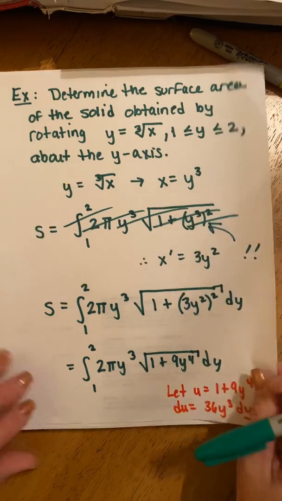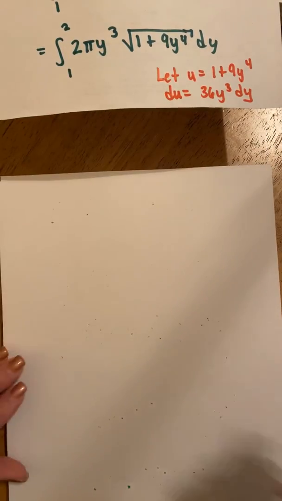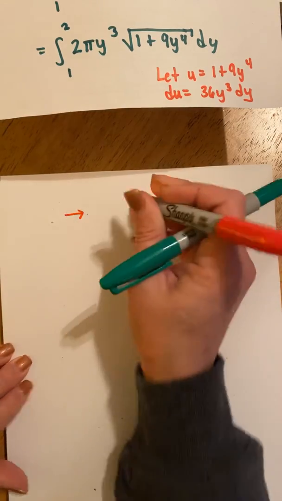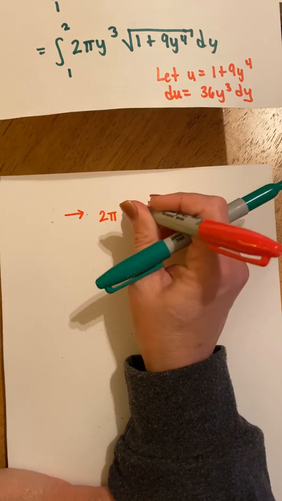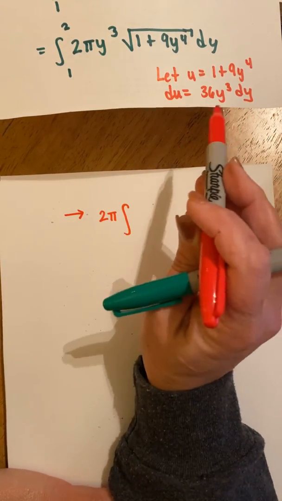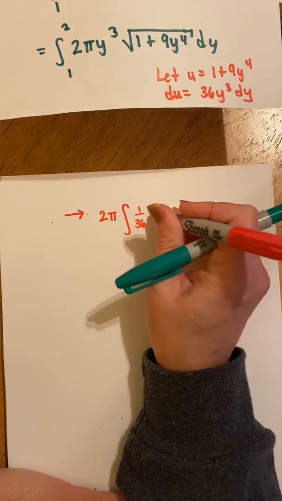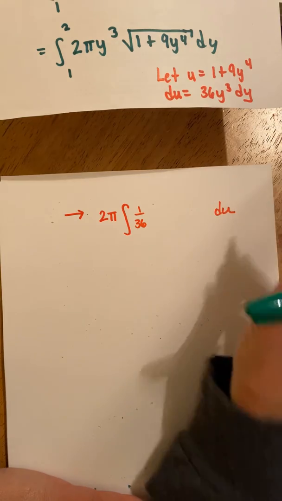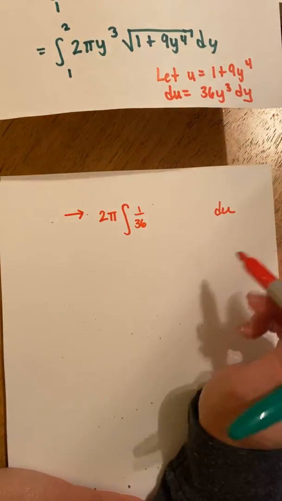And I'll proceed with the integration. So we're going to really integrate, I'll pull the 2 pi out front. Y cubed is going to get replaced with 1/36 du, right, because I bring that 36 over to the other side.